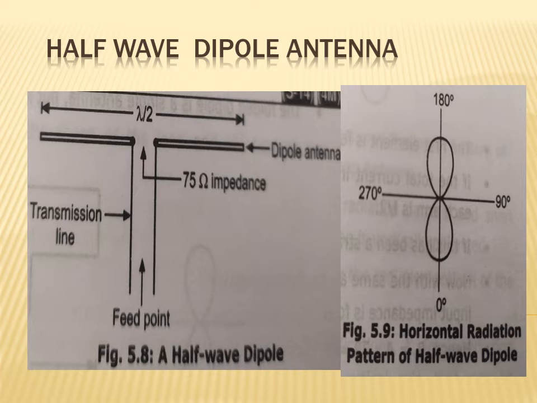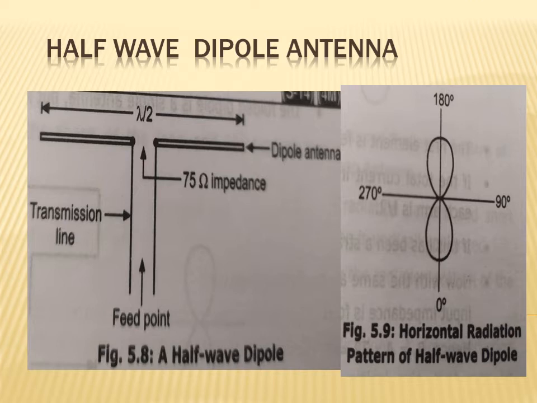The length of the conductor depends on the frequency of transmission. The most common lengths are half wavelength, that is lambda by 2, lambda, and 3 lambda by 2.